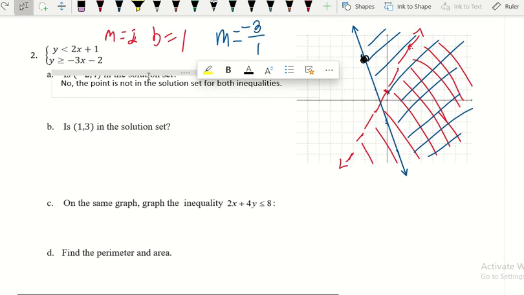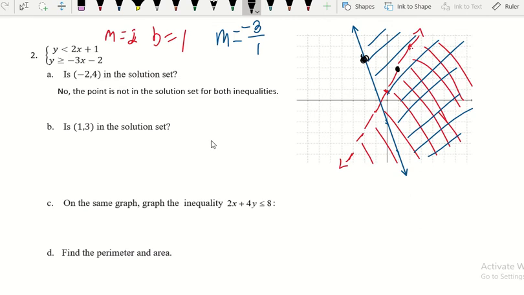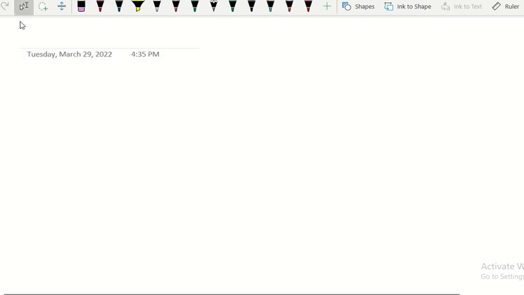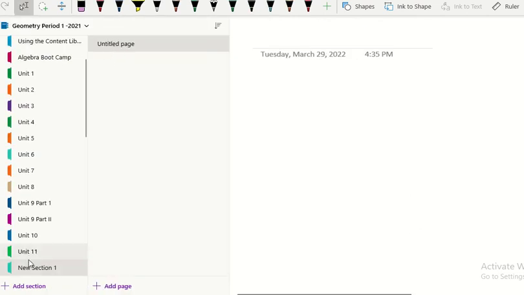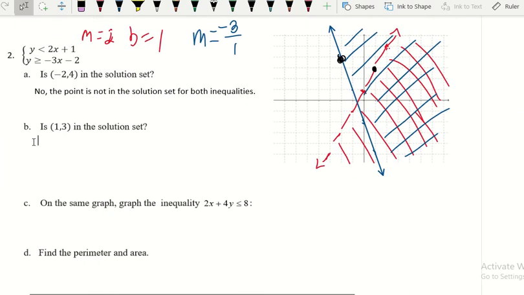All right, and then I'm just going to move this down so it's a little easier to see. And then is 1, 3 in the solution set? So once again, if we head over to 1, 3, that's right here. All right, keep in mind that is on the dotted line. That is another no, okay?